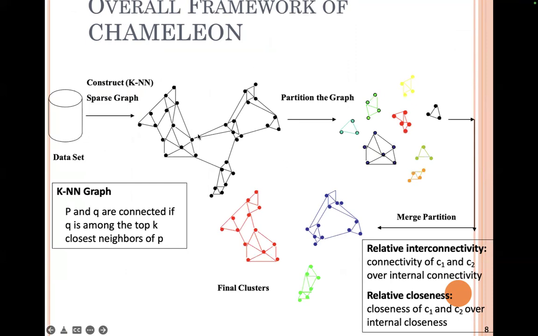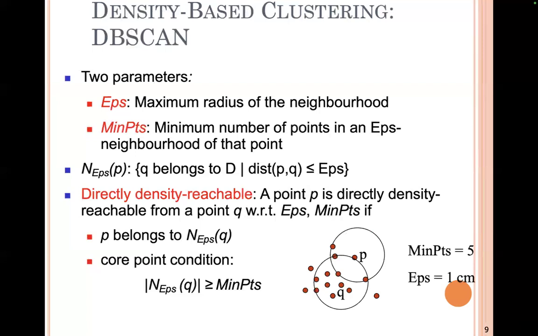Now, it is not so important, but still, you can note down about KNN. KNN means K nearest neighbor. This is a very famous algorithm for classification.